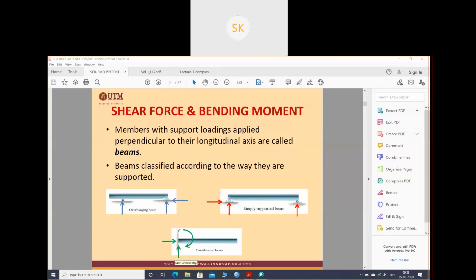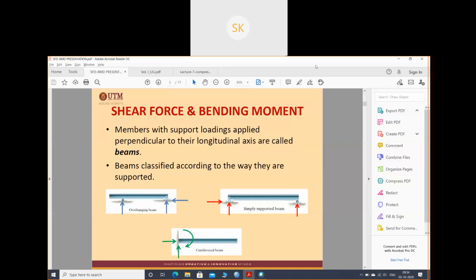Cantilever means the beam is fixed at one position and the rest is overhanging. So these are the basic types of beam.